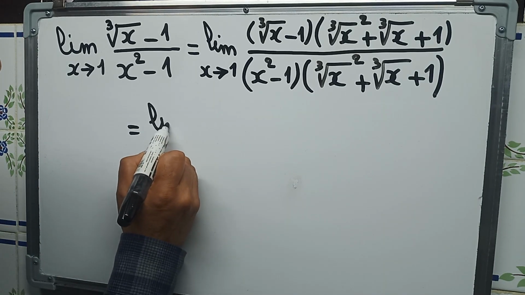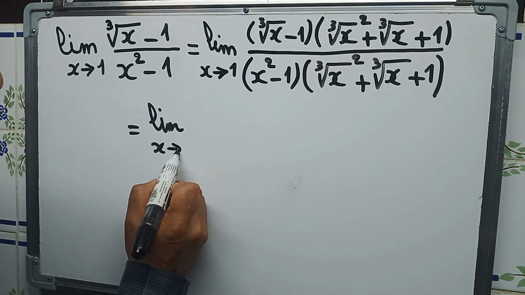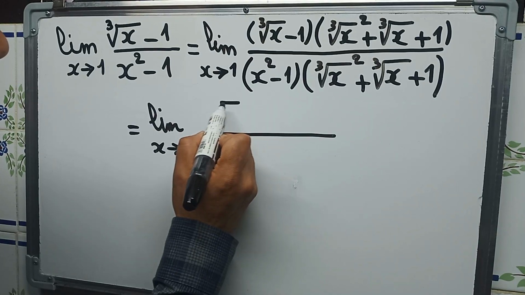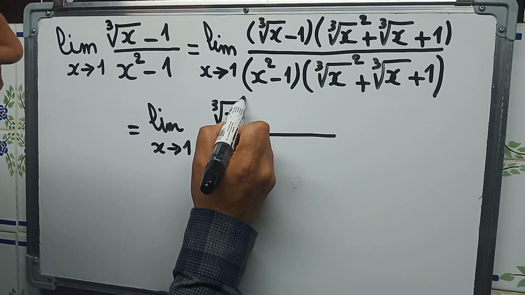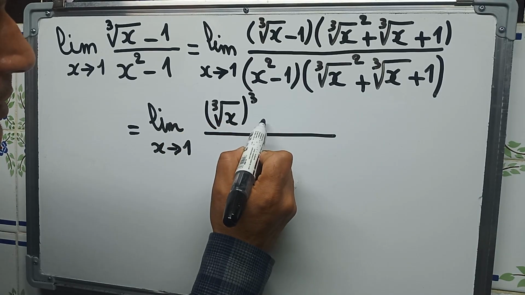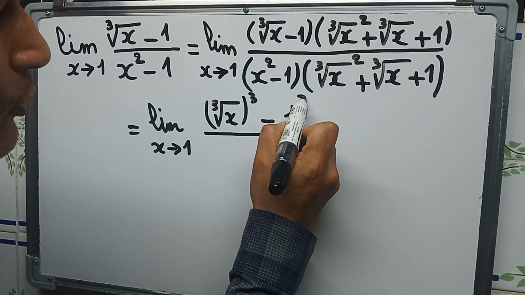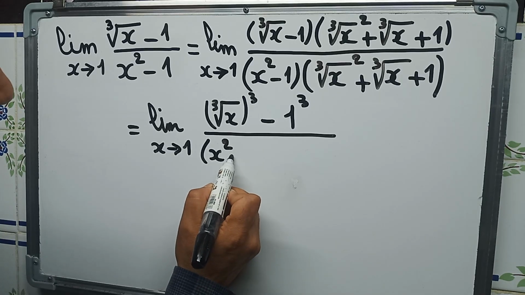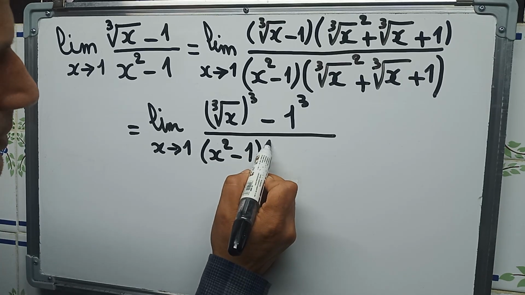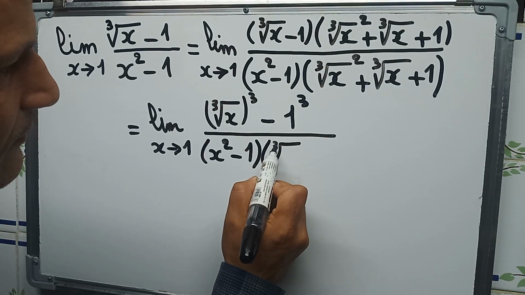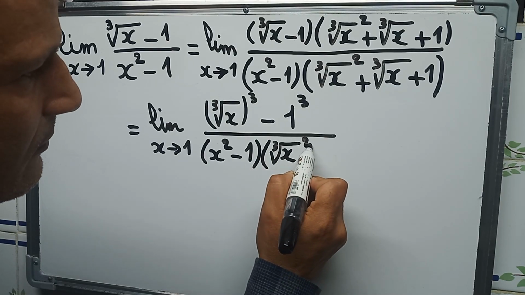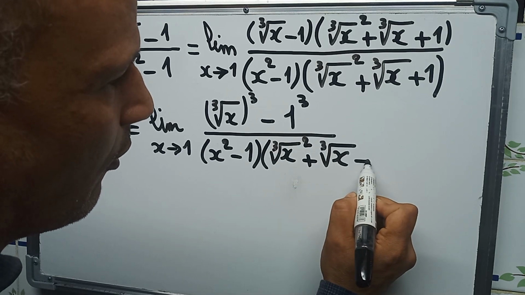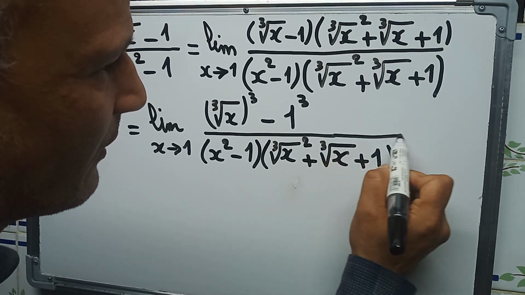the limit as x approaches 1 of, here, cube root of x cubed minus 1 cubed, and here x squared minus 1 times (cube root of x squared plus cube root of x, of course, plus 1).